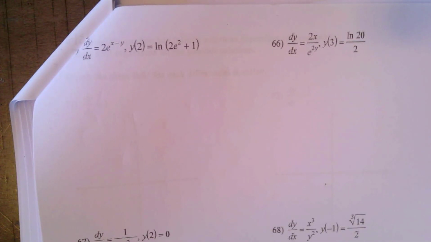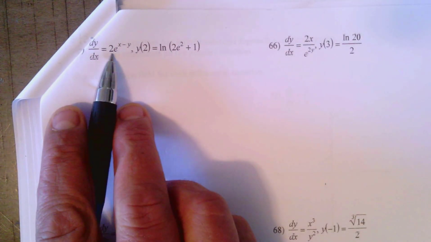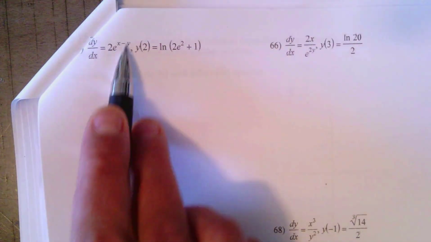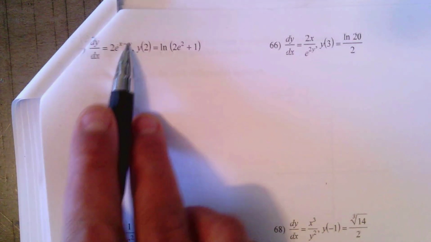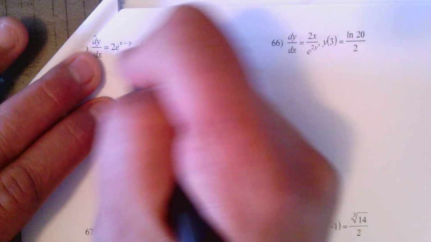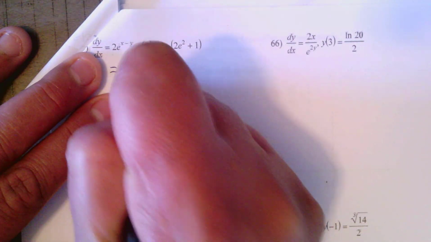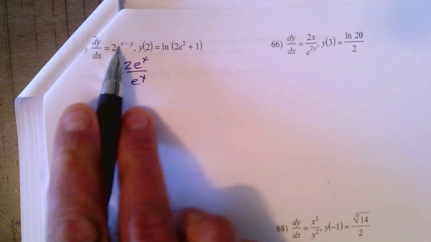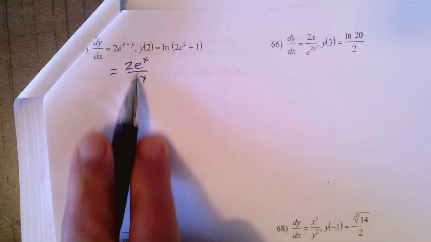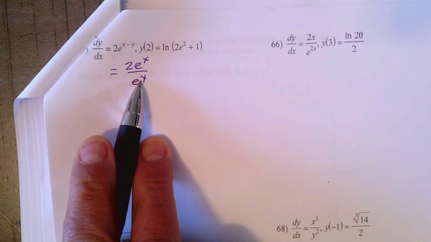65, dy dx is equal to 2e to the x minus y. And again, we're going to use that little trick. We're going to split this guy up. We're going to think of this as 2e to the x over e to the y, because we're subtracting the exponents here. I can write it as e to the x divided by e to the y.